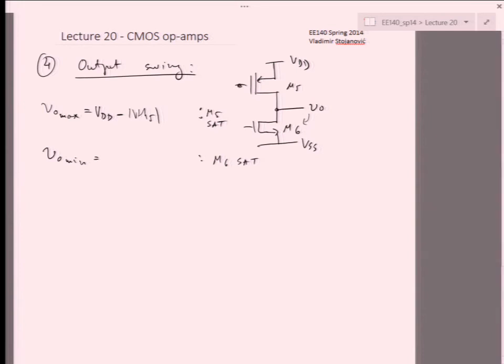What is the potential here at the gate? I mean, what's this voltage drop over here? We used to write it as something like VTH plus V overdrive, right?